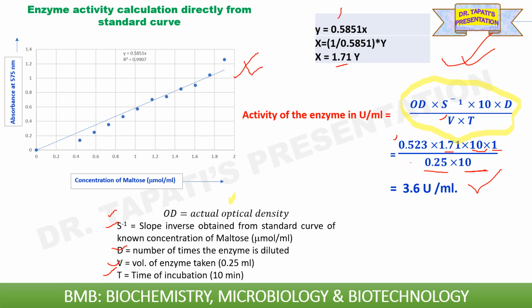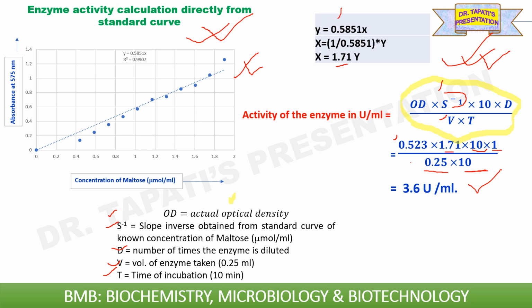In order to calculate this, we need the slope inverse value, and we will get the slope inverse value only from the standard curve of maltose. Whenever you are preparing DNS reagent, every time you should make a standard curve for maltose, and only then should you use that DNS reagent for the calculation of enzyme activity.